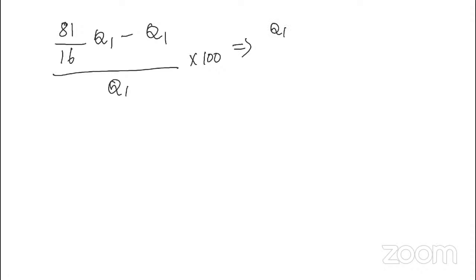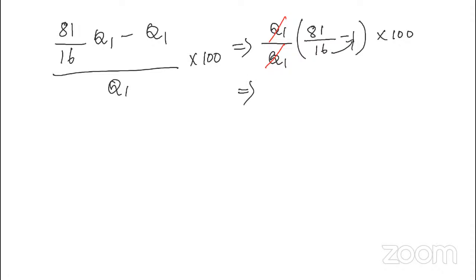So it becomes 81 divided by 16 minus 1. From both of these we take Q1 common, into 100 divided by Q1. Right? So next step you have to cancel this one. Then the next step is cross multiply. So cross multiplying, it is 81 minus 16 divide by 16 into 100.